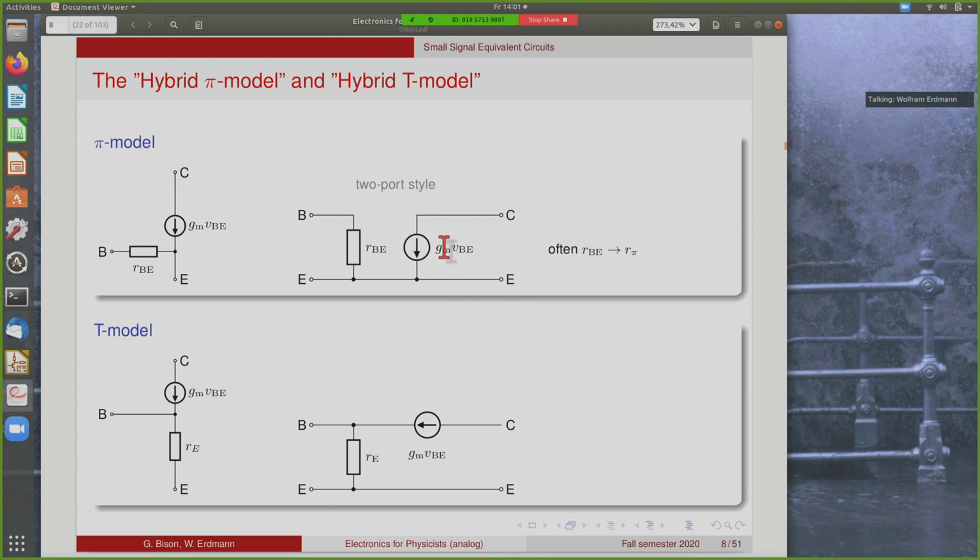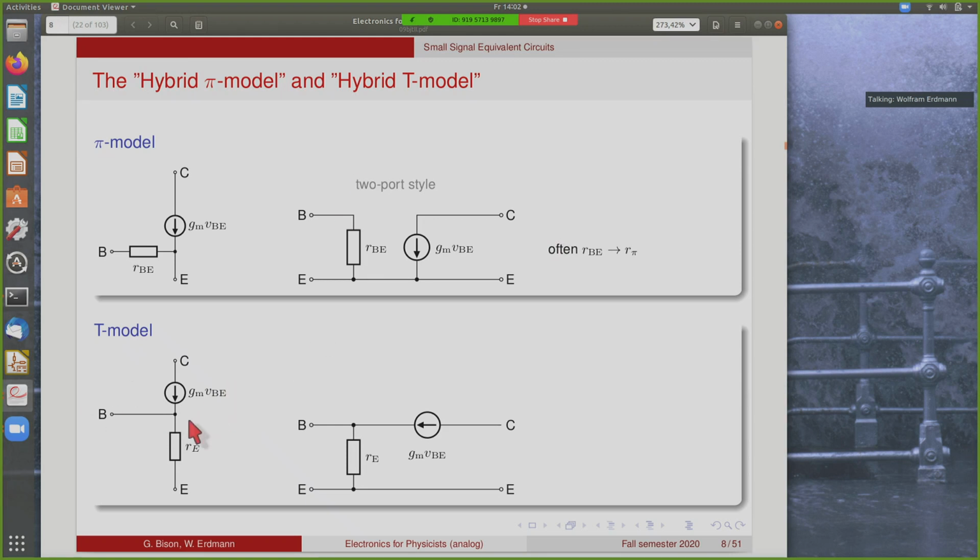And these two drawings are exactly equivalent, just arranged in a slightly different way. Because this is called the pi model, to some people this seems to look like a pi. This resistor in this case is also often named R pi. We'll use the RBE convention in this lecture here.